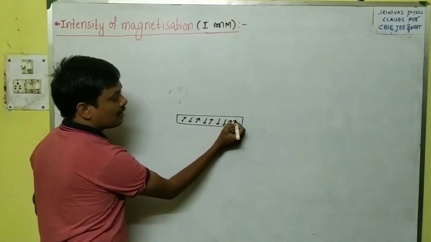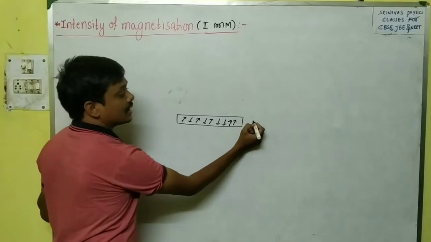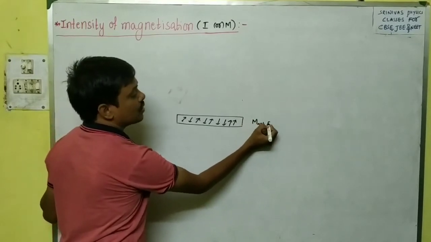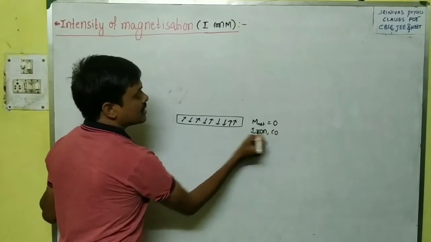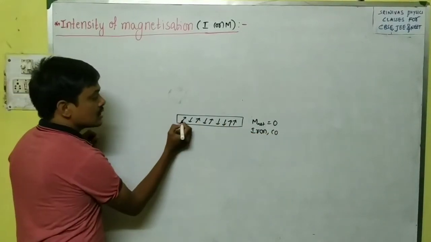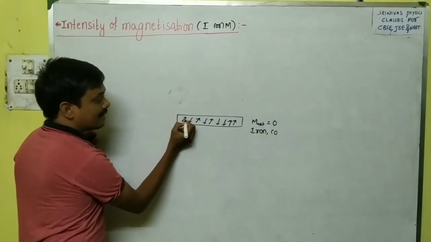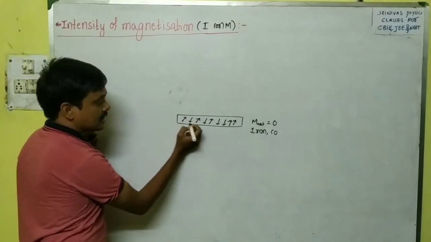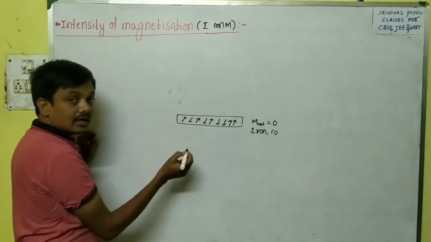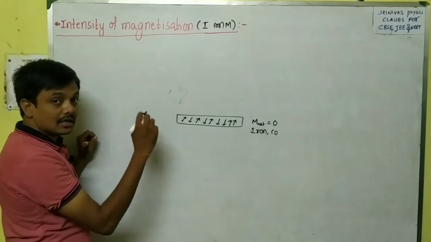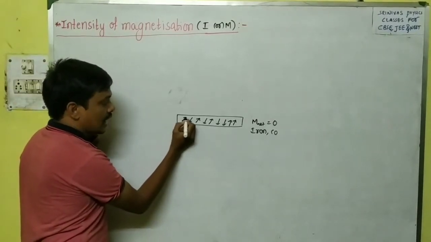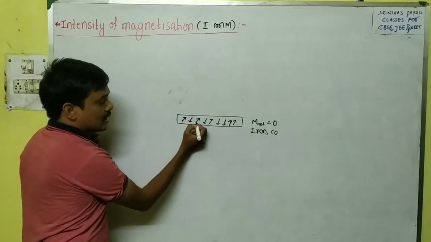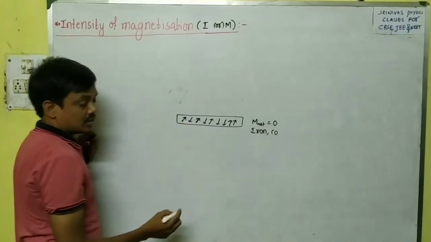Due to that, all the magnetic moments are cancelled and the net magnetic moment is zero for iron or cobalt or nickel. This is a magnetic substance. Every atom or electron acts as a magnet, because the electron is revolving, some current is generated, that's why it acts as a magnet. Now it has a magnetic moment, but the net magnetic moment is zero.